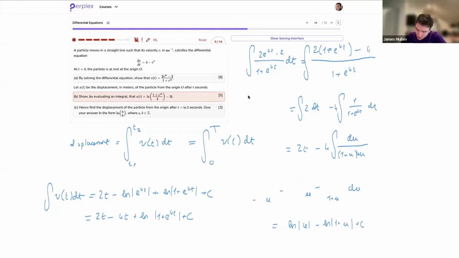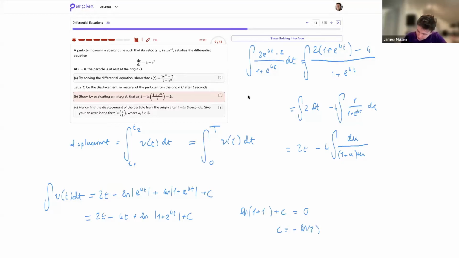Well, when t is equal to 0, the t's are obviously 0, and 1 plus e to the power of 0 is going to be 2, actually. So I know that the initial position has to be 0. If I plug in t is equal to 0, I get ln of 1 plus 1 plus c is equal to 0, means that c is equal to negative ln of 2. All right, so that's something I know.